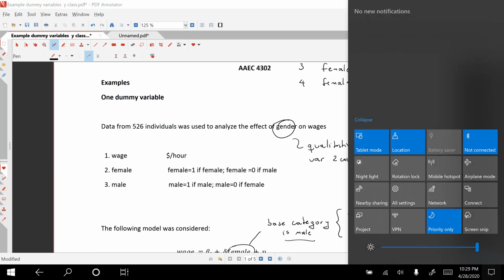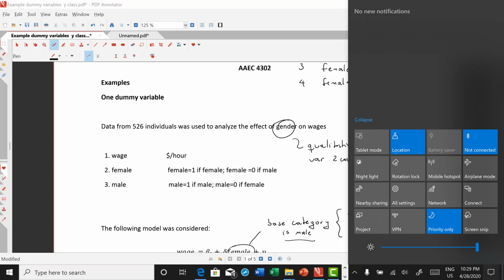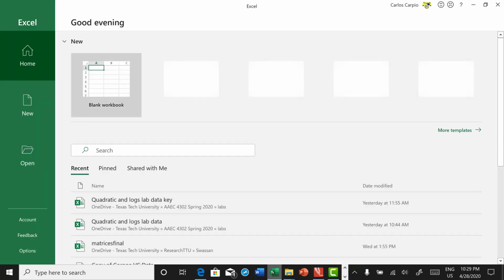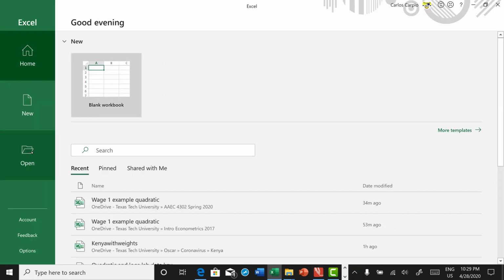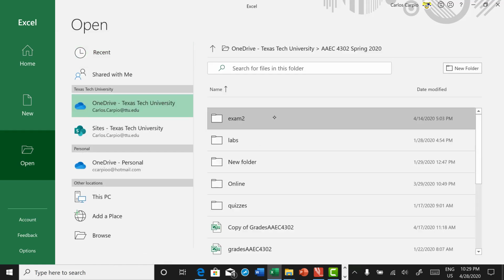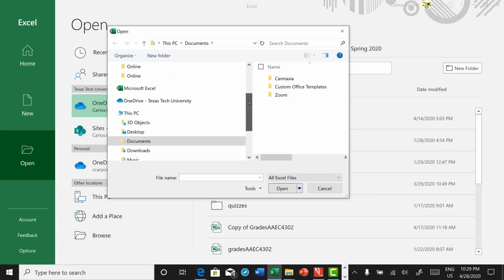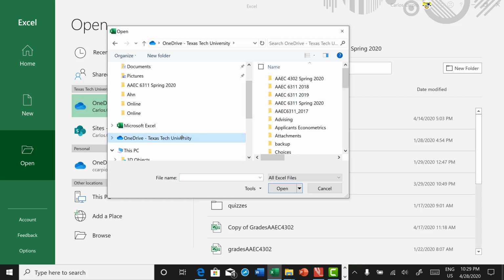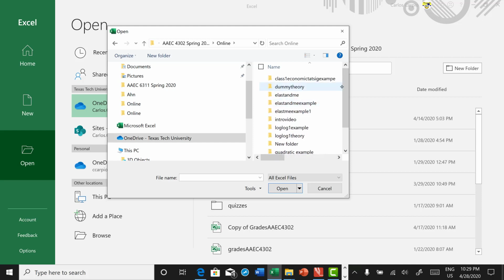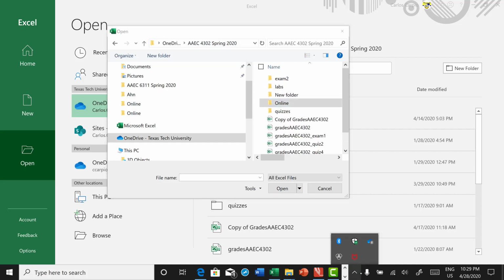Now, some of you might be wondering, why can't we include both variables in the regression model? That's something you can try to do. Let me see if I can find the file, and I'm going to show you what happens. Cannot find the file.